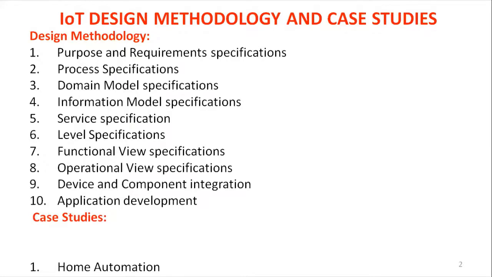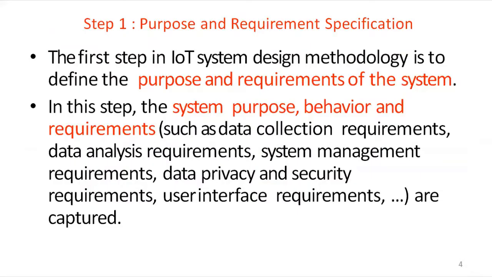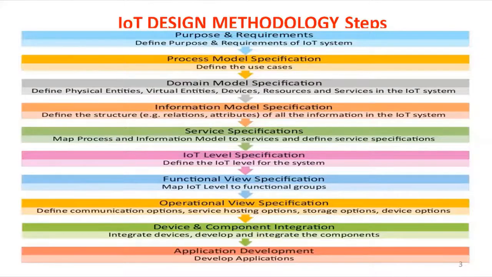Here, what is the purpose? In this case, you will define the purpose for which you are designing this IoT system. The purpose may be, for example, home automation, or it may be smart cities, or for example, smart lighting.